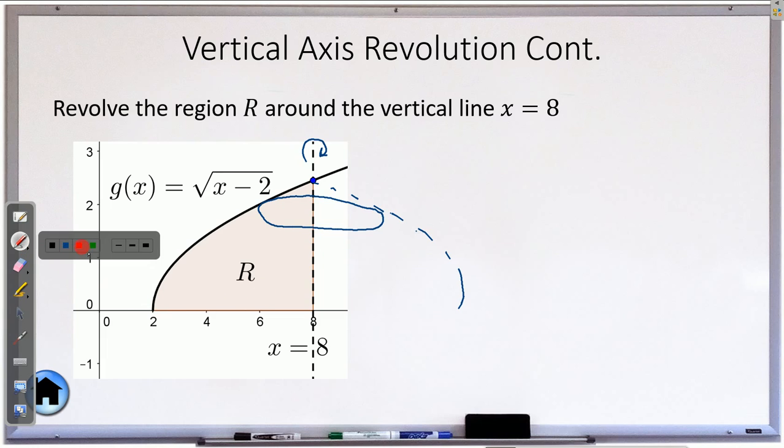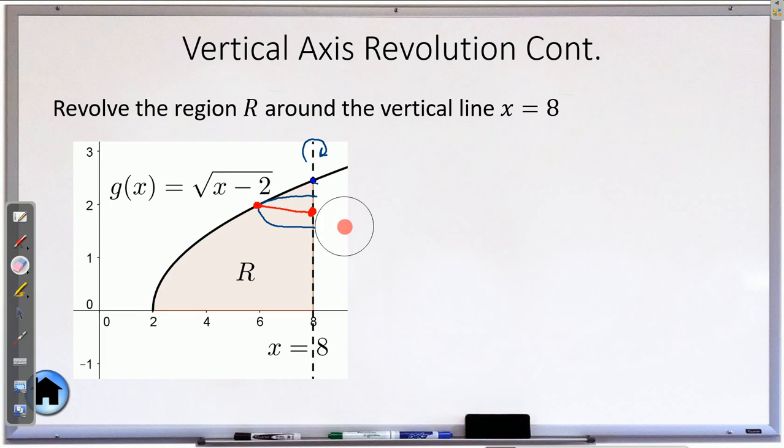Now, what is the radius? So you start in the middle and go out to the boundary there. Again, we don't really need the mirror image drawn to get the information we need, as long as we remember that the circle, that cross section, the middle of it is on our axis of rotation. So what is that distance there?